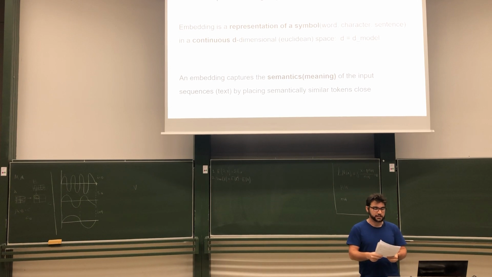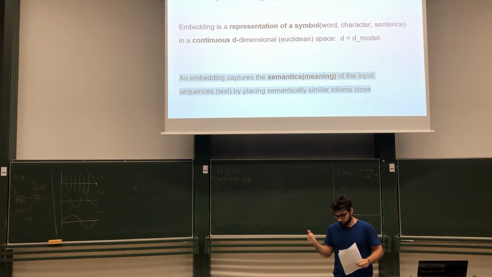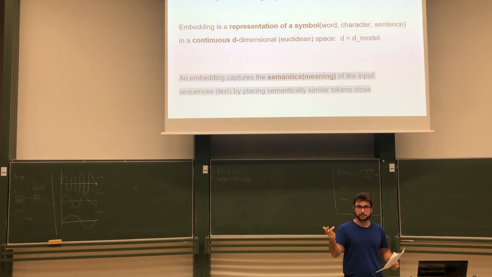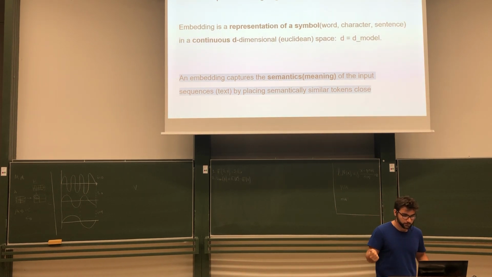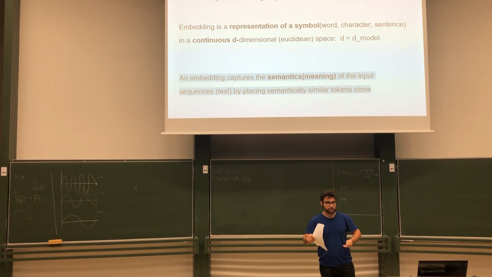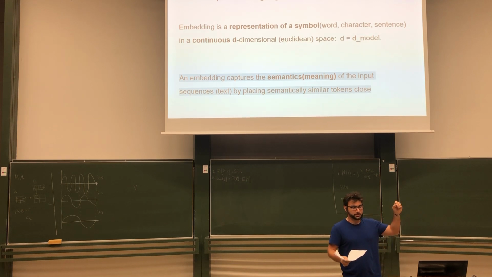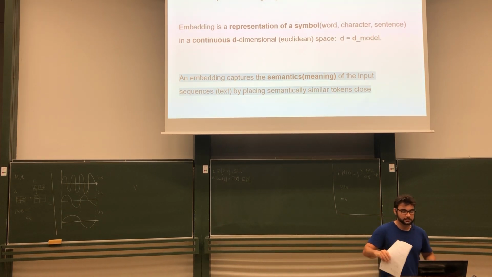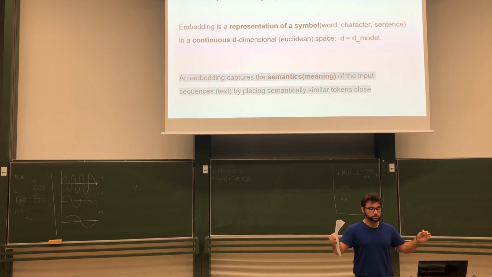No matter if it's a character-level embedding, a sentence embedding, or a positional embedding, as you will see in the exercise at home, we take all these discrete symbols and map each symbol from the vocabulary V into a continuous d-dimensional space.